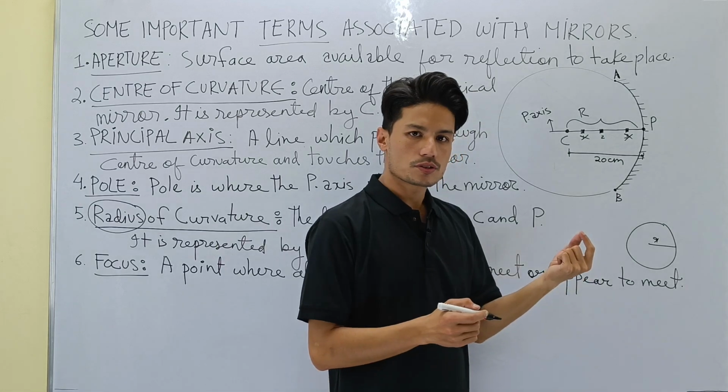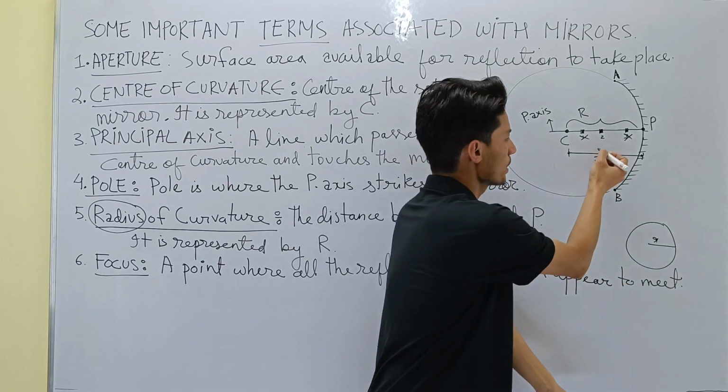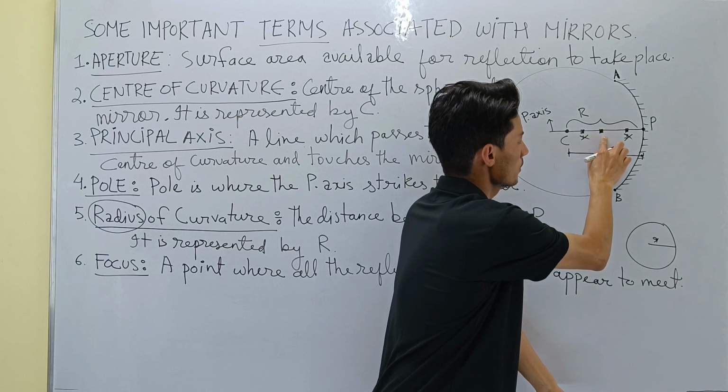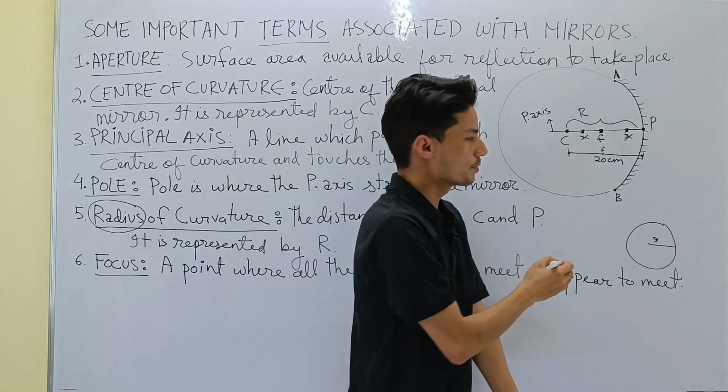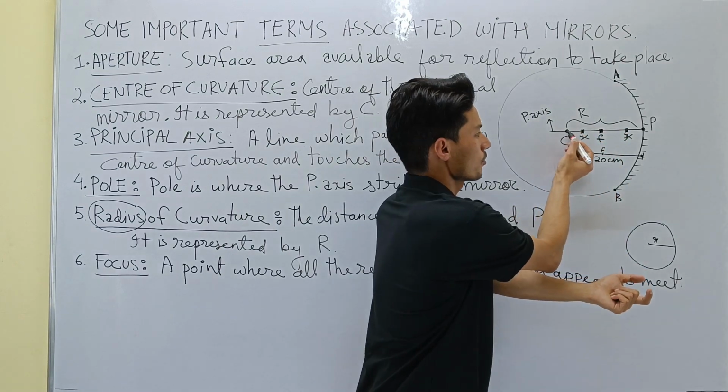So you will mark 10 somewhere here, and this will become the focus, because focus is the midpoint of the line from C to P.